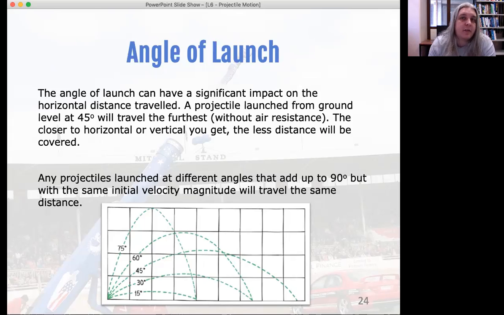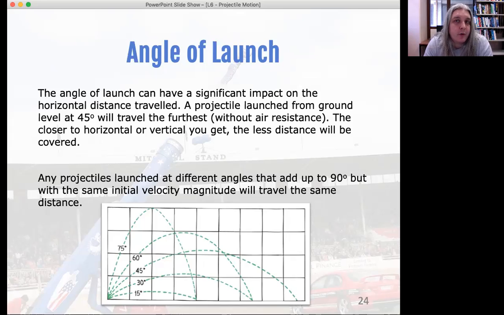And for every degree that you get away from 45, either bigger or smaller, you are reducing that total displacement. And it doesn't matter if you get smaller or bigger by 1 degree, you reduce the displacement by the same amount.